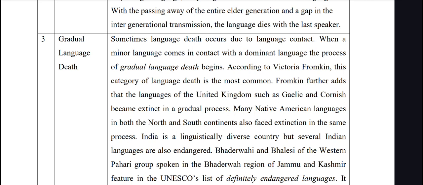Further, the languages of the United Kingdom, such as Gaulish and Cornish, became extinct in a gradual process. Many Native American languages in both North and South America also face extinction in the same process.